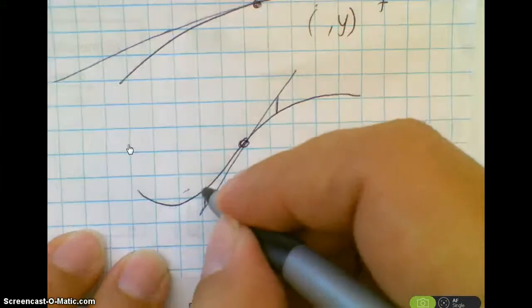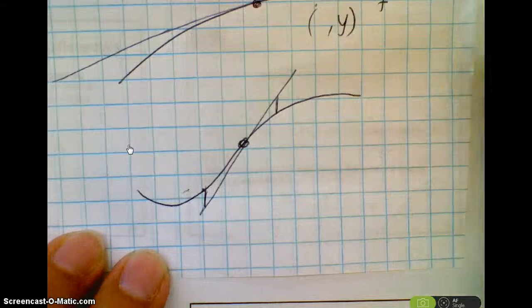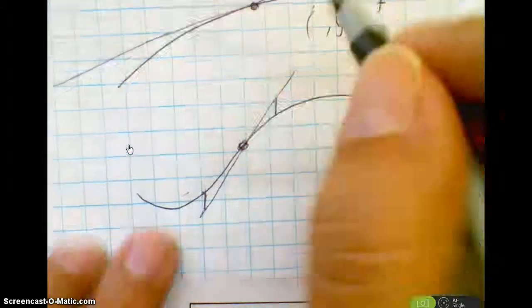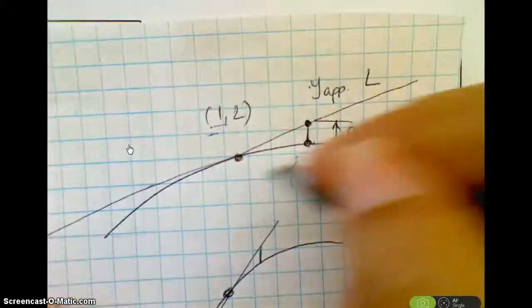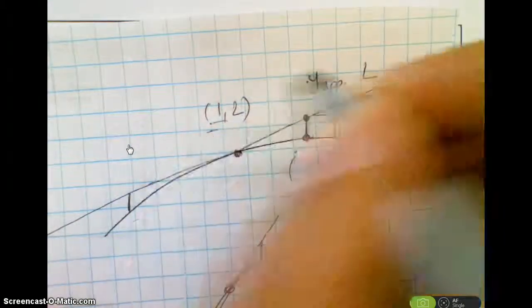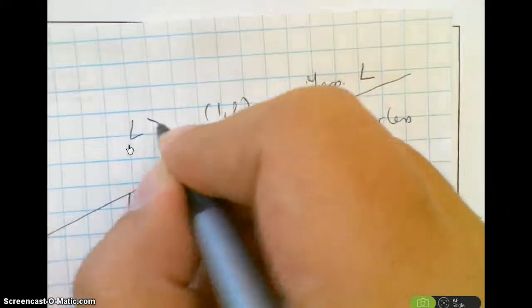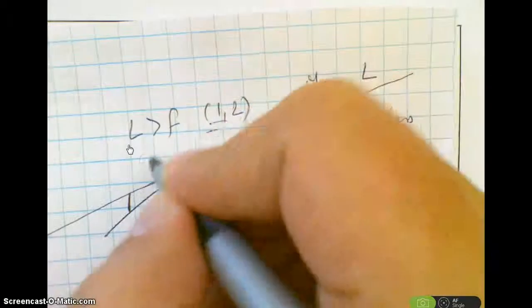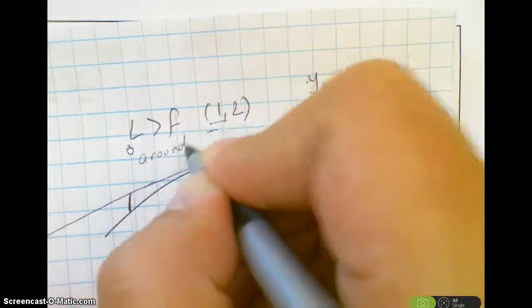So always just keep that in mind, whether it overestimates or underestimates. In this case, we know that in both directions it overestimates, so L would be greater than f around 1 for both cases.